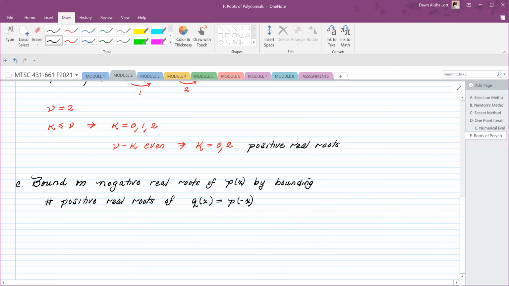So Q says put negative X into the X to the 5th.